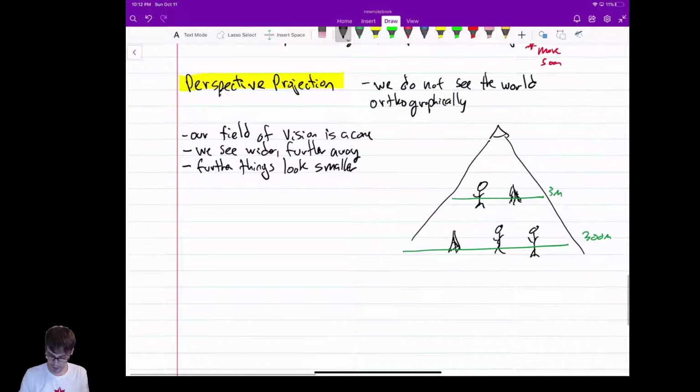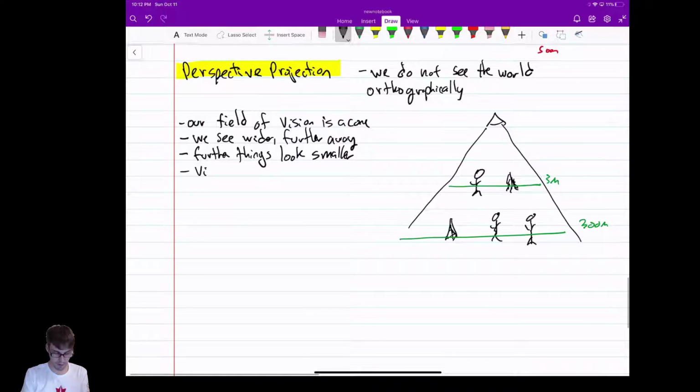Now the other thing that happens, because of this, is we get parallax. Our viewpoint changes the impact of the depth. It changes the scene. I'm going to highlight that.